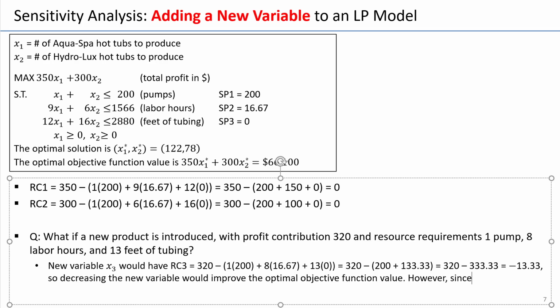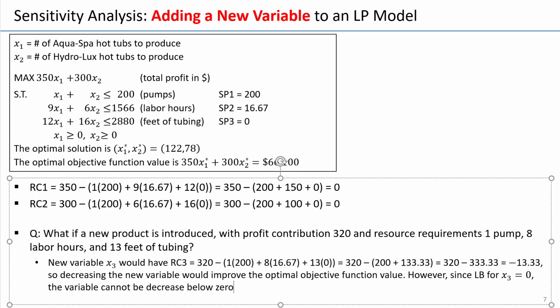However, since the lower bound for x3 equals 0, the variable cannot be decreased below 0, right?